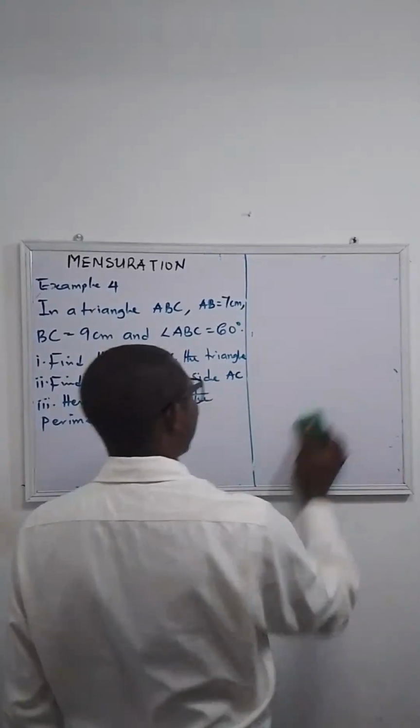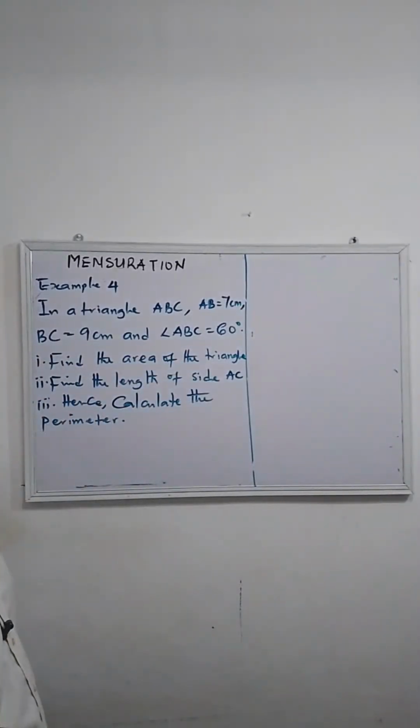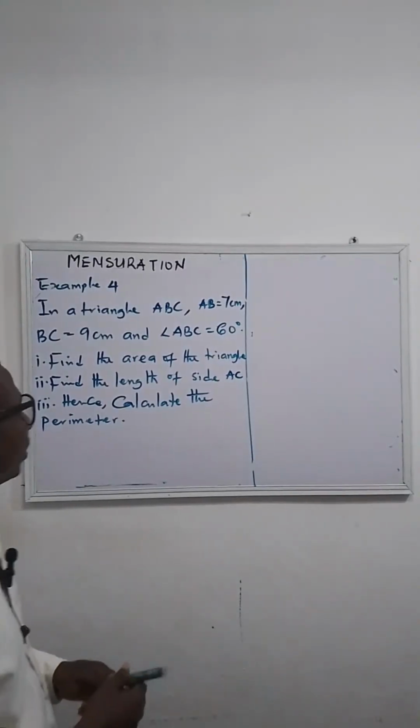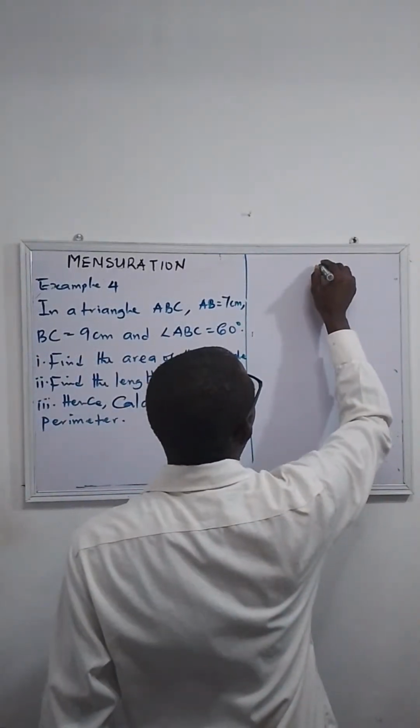Now let's look at the question. In a triangle ABC, let's describe the triangle.